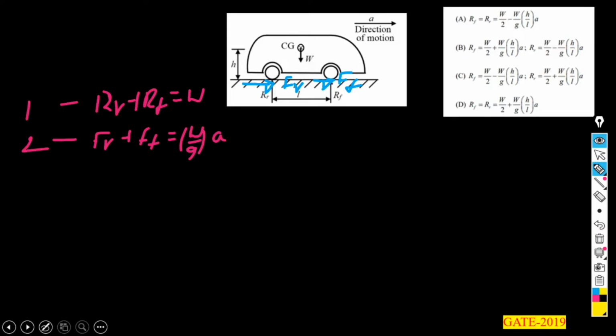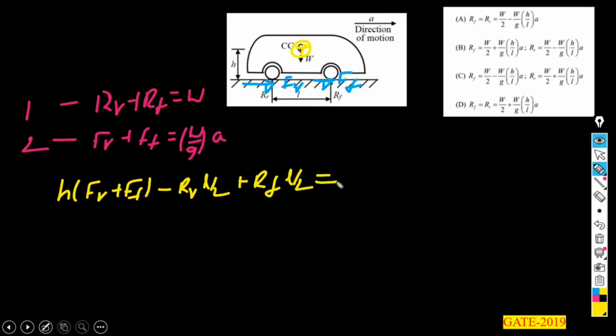Then let me take moment about CG or center of gravity. Then h into Fr plus Ff minus Rr into L by 2 plus Rf into L by 2 is equal to 0, because angular acceleration is 0 in this case, that's the reason I alpha is equal to 0. So moment about center of gravity in this case is equal to 0.